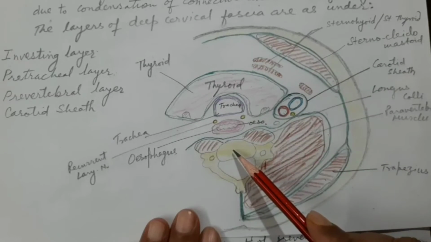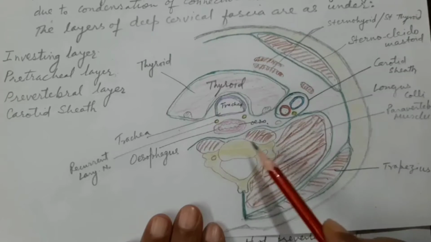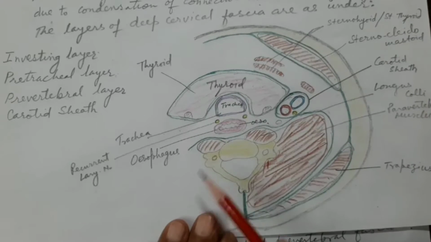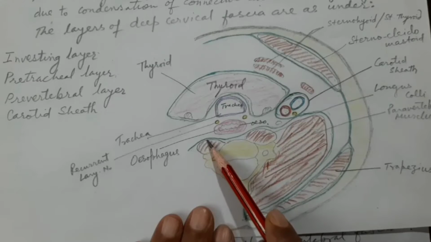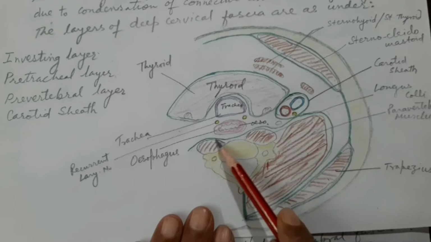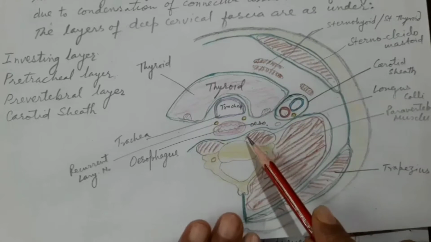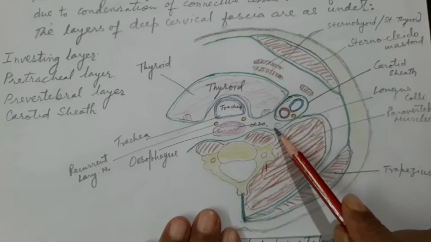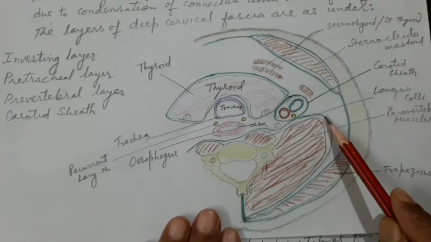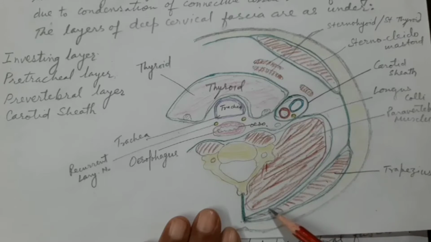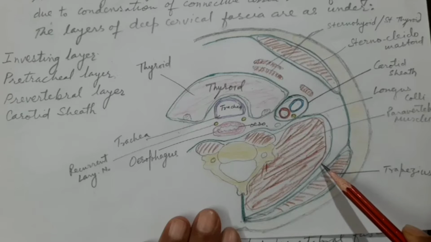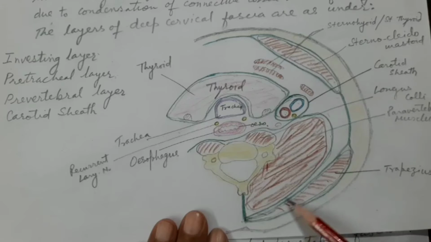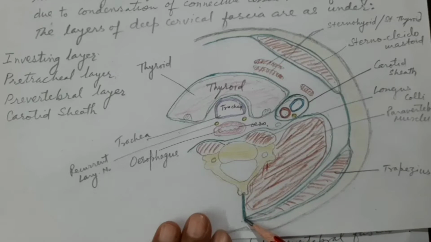This is the cervical vertebra: body, transverse process, spine, and in front of the transverse process these are the longus colli muscles. So the prevertebral fascia, which is a tough membrane, covers the vertebral column anteriorly, then covers the paravertebral muscles surrounding the vertebral column, and then gets attached posteriorly to the posterior margin of the ligamentum nuchae, deep to the general investing layer. See this, it is coming and investing here.